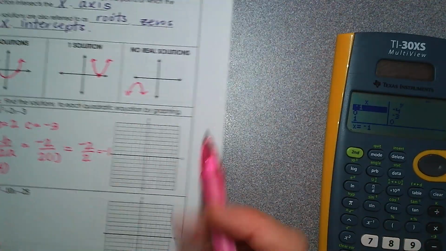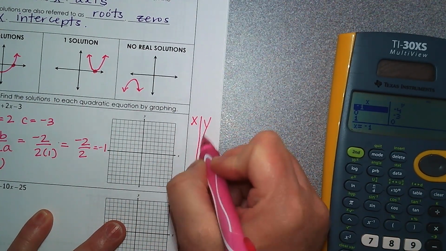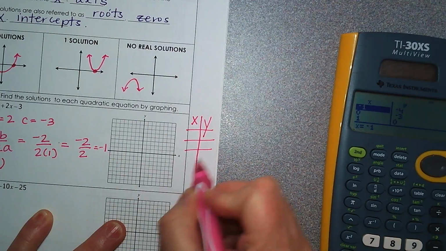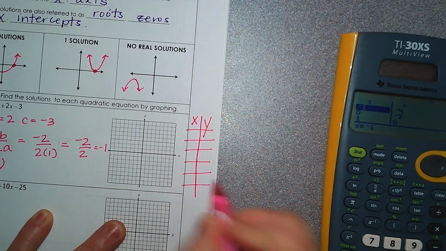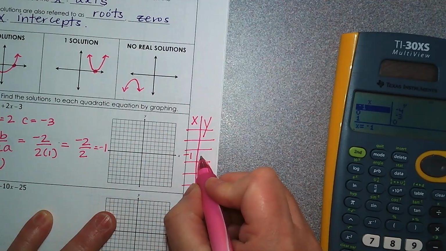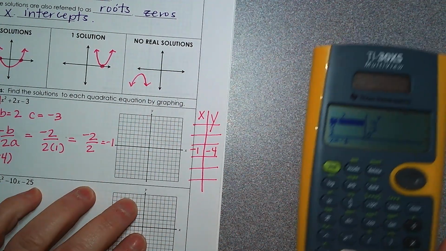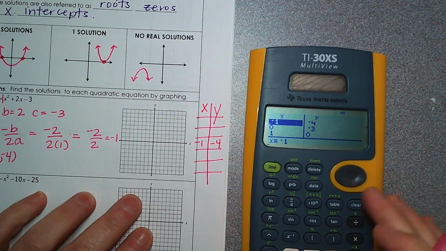All right, and then how many points do we need? 5. And the vertex goes where? You put your vertex in the middle of your table. You need 2 points above and below. So what are 2 points above the vertex?